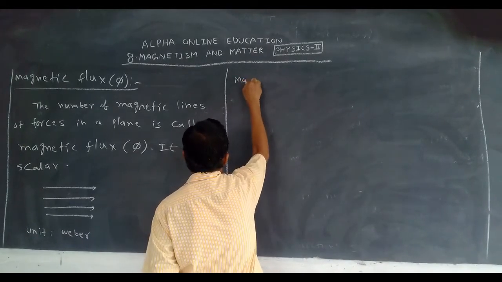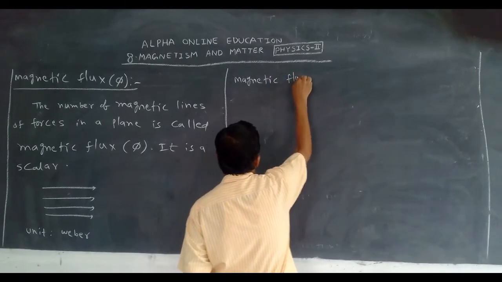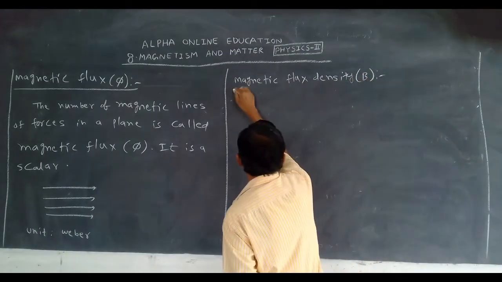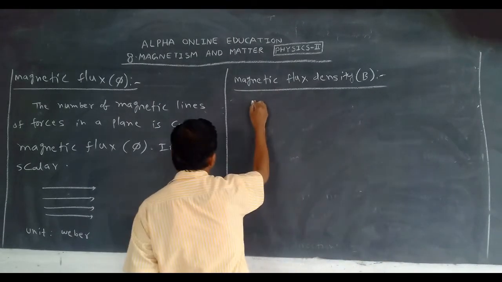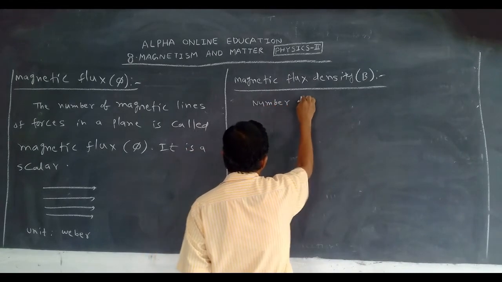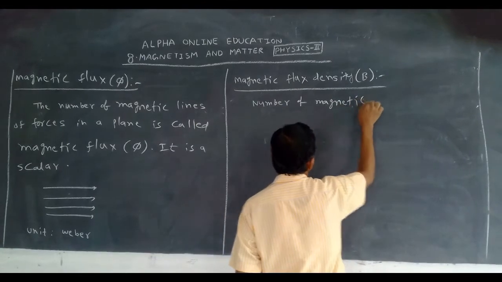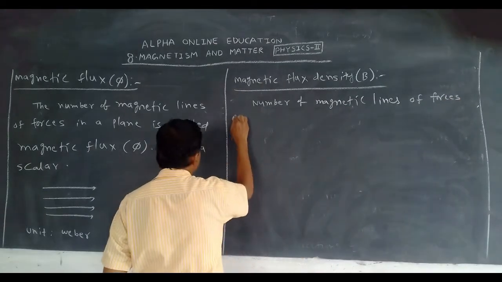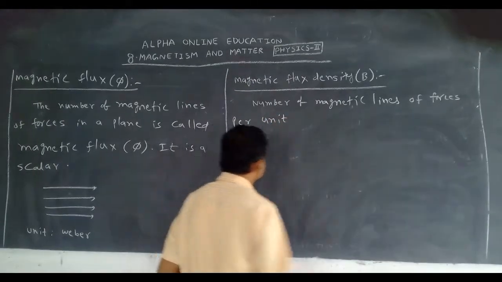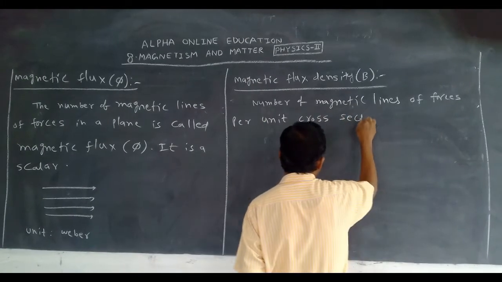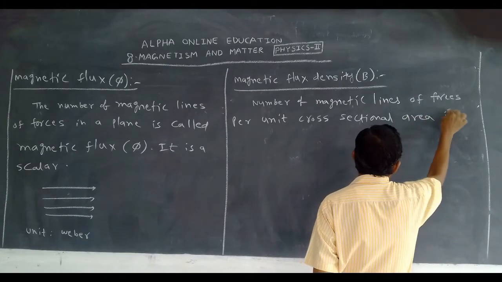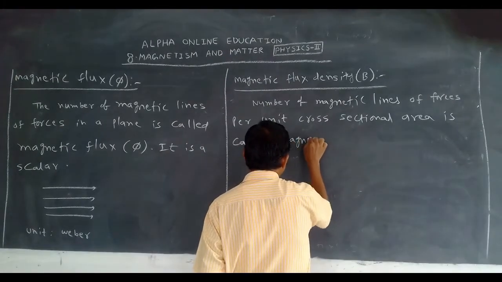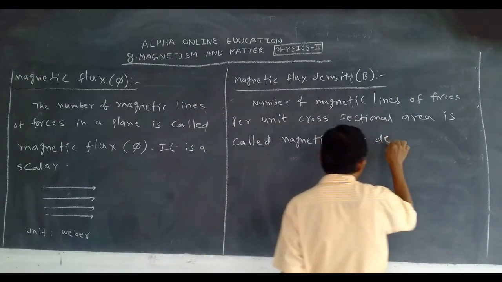Next, magnetic flux density, it is denoted by B. Now, the number of magnetic lines of force per unit cross sectional area is called magnetic flux density.